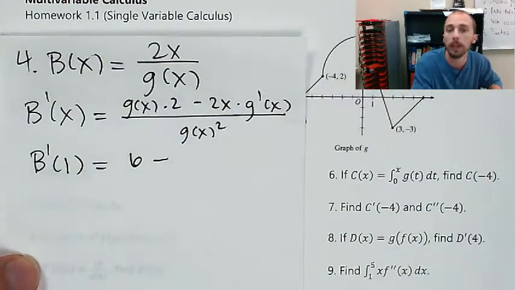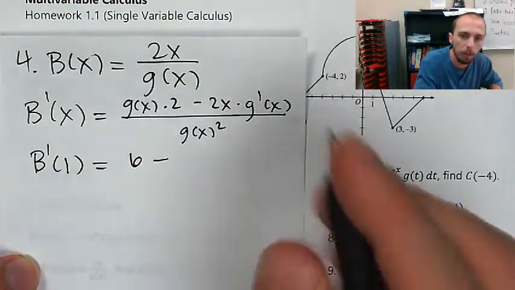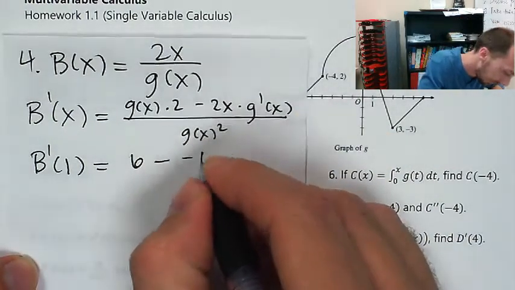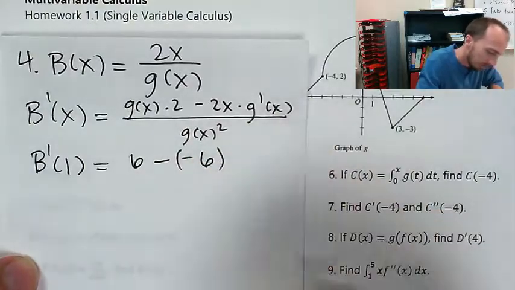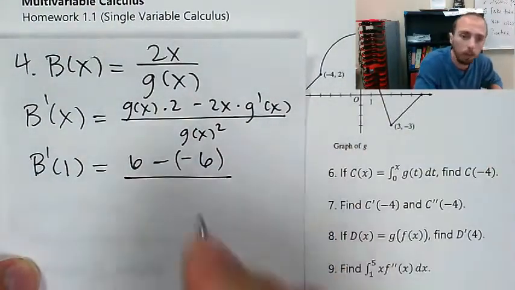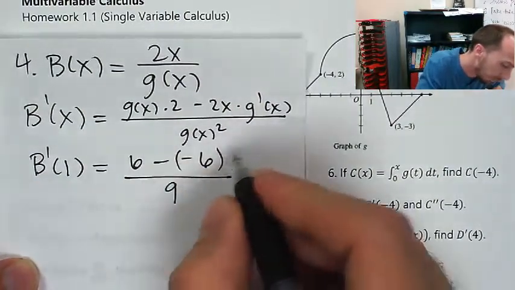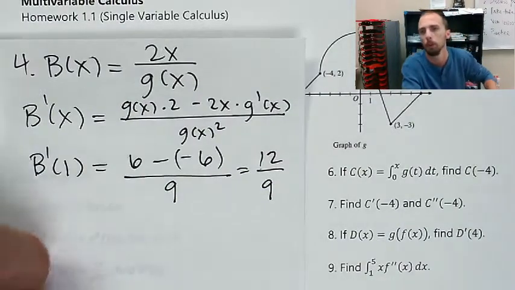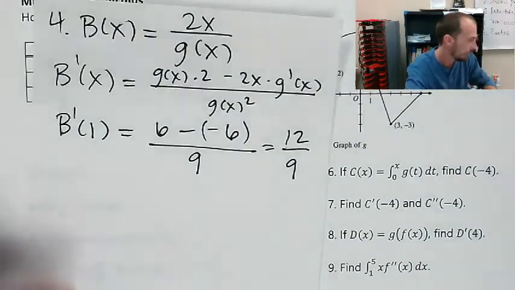Okay, we already found that g prime of 1 is negative 3. So minus 2 times negative 3 is negative 6. Okay, divided by g of x squared, well, g of x was 3, so that'll be 9. So this would be 12 divided by 9, which is 4 divided by 3.